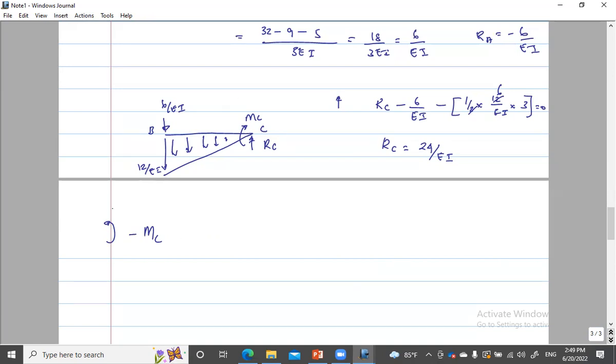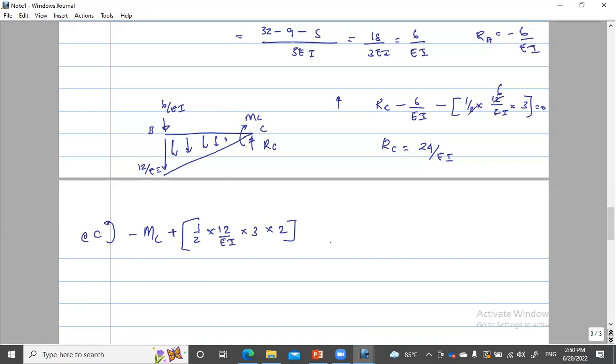So you take moment at C. So minus MC plus half times 12 over EI into 3, and the distance to the centroid is 2.